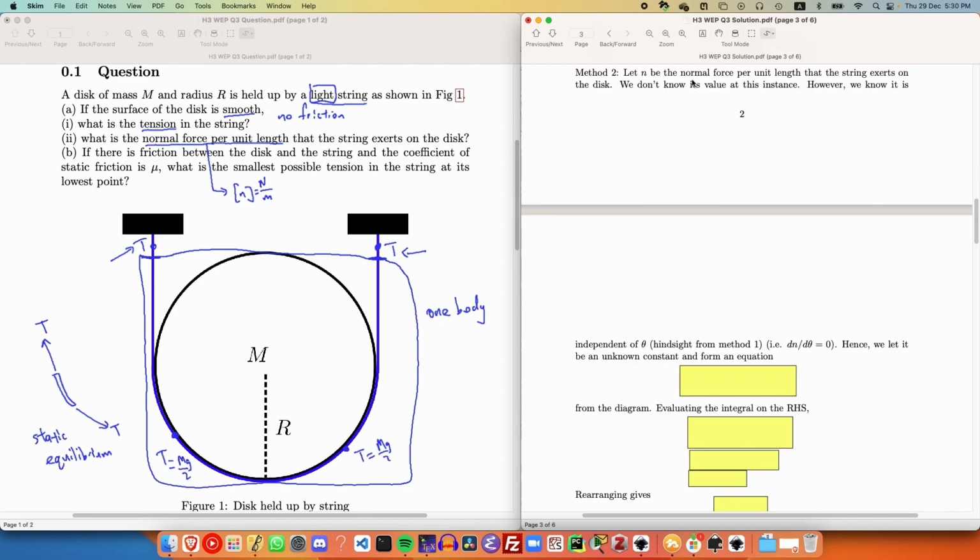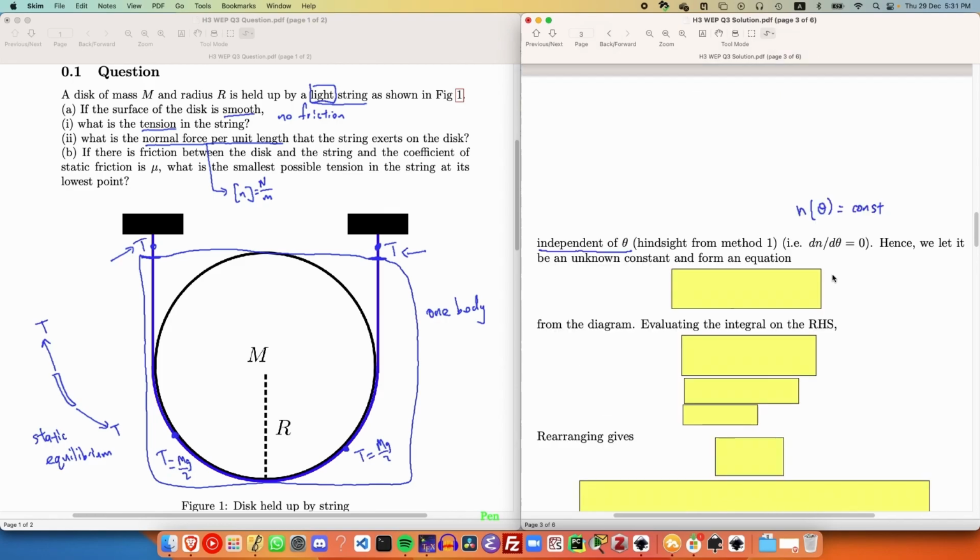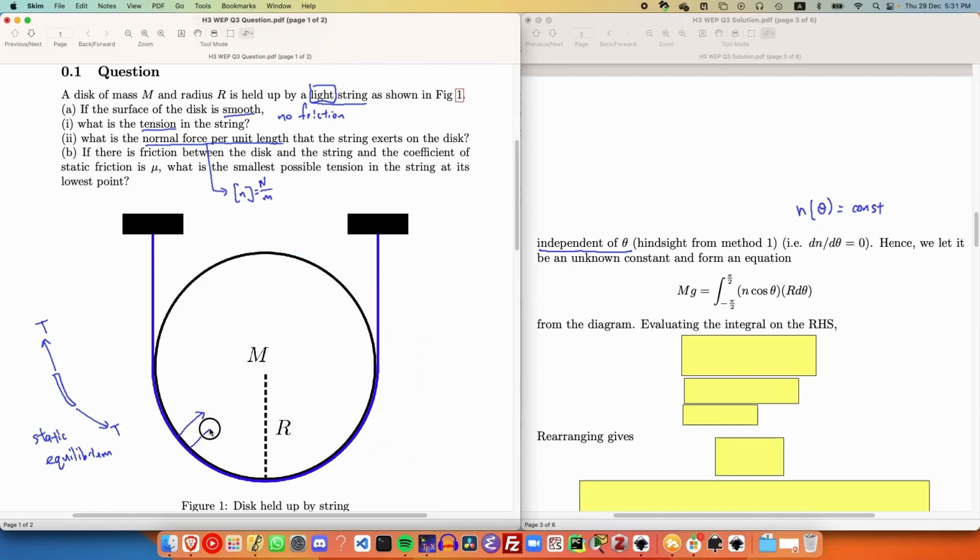Once again, we let n be the normal force per unit length, and currently we do not know this value, but we do know from method 1 that it's independent of theta. In other words, n is a constant function of theta. Now we can form an equation like this, which is basically saying that the normal force from all the segments of the string, integrated along this semicircle, provides the lift for the disk.